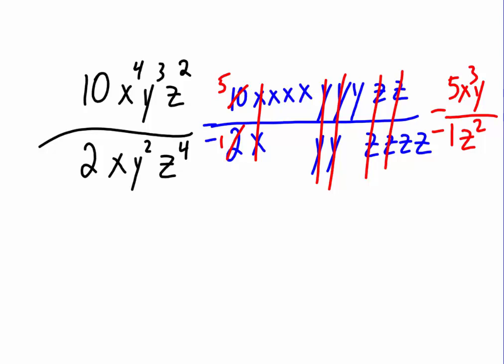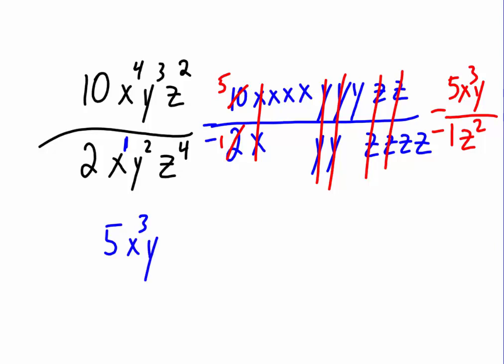But even if you wanted to use the shortcut, which I strongly recommend, the shortcut is just knowing that we can subtract the exponents. So again, we still reduce the 10 halves, which is just 5. And then 4 minus 1 would give us x to the third. 3 minus 2 gives us the y to the 1 power.